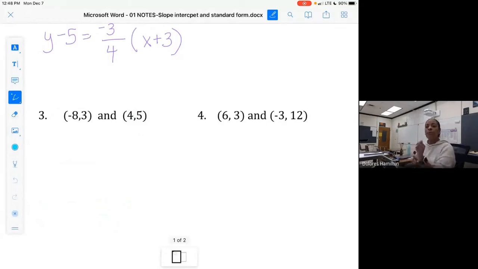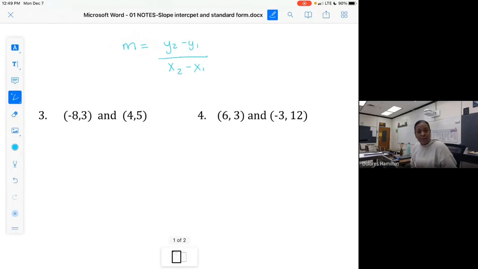In some problems, we're not as fortunate to be given the point and the slope. We might need to do a little more work for it. So in question 3, if we want to find the equation of a line in point slope form that goes through those 2 points, -8, 3 and 4, 5, we're first going to have to find the slope of the line that contains those 2 points.